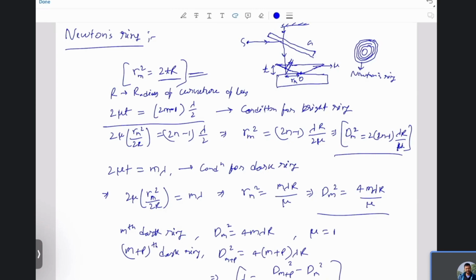So in this way you can calculate the wavelength of the light you are using from this Newton's ring experiment. So this formula will be very helpful for us. So yeah, that is all we need for today from Newton's ring.